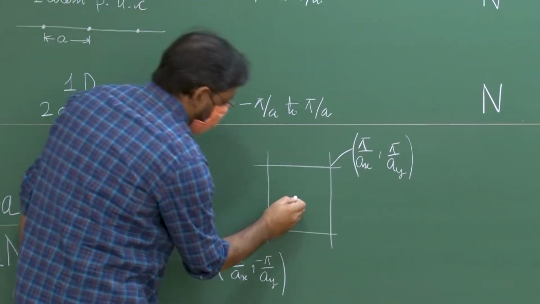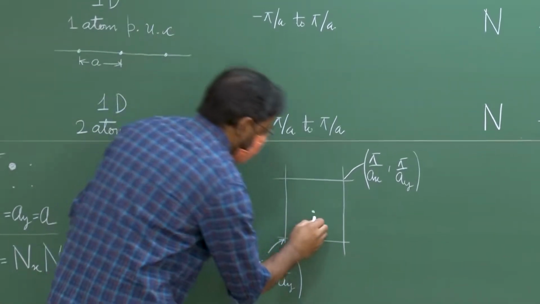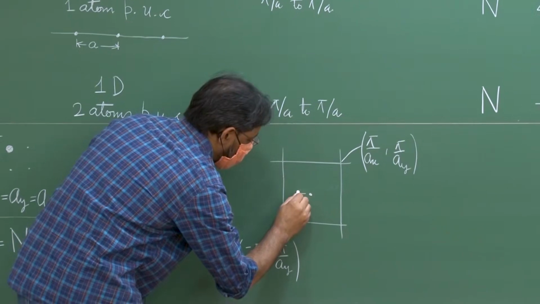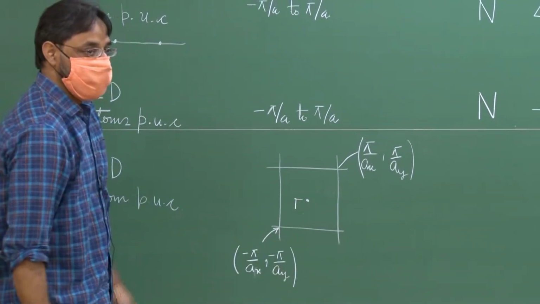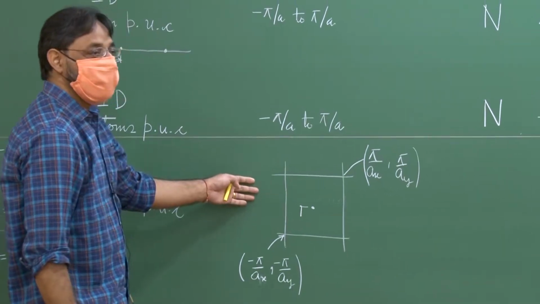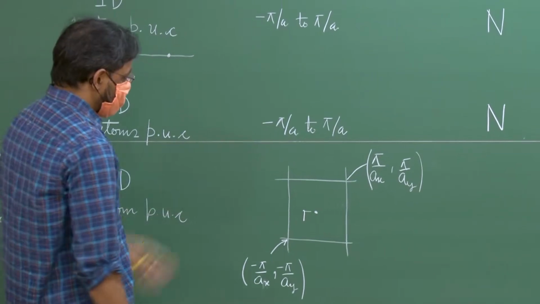The central point here has the coordinates 0, 0, and this point is known as the gamma point. The gamma point is always the center of the Brillouin zone. So here is the Brillouin zone in the case of 2D. You have seen it many times before.